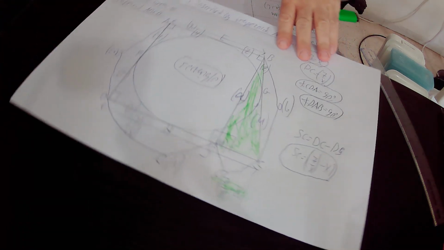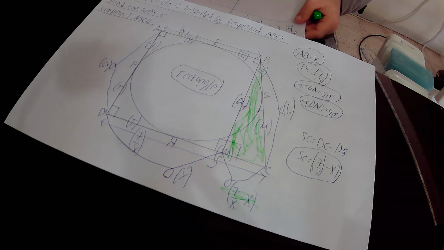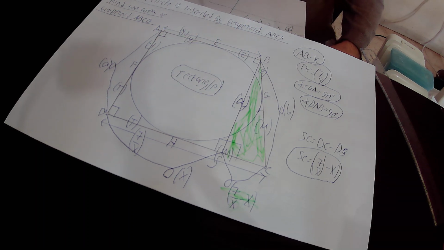According to the formula that I presented to you at the beginning of the lecture, the area of this trapezoid ABCD equals the sum of its two bases times the height over 2. The two bases are the two parallel sides.